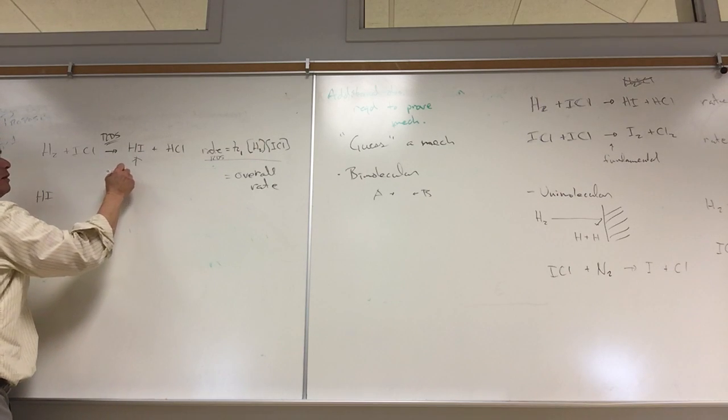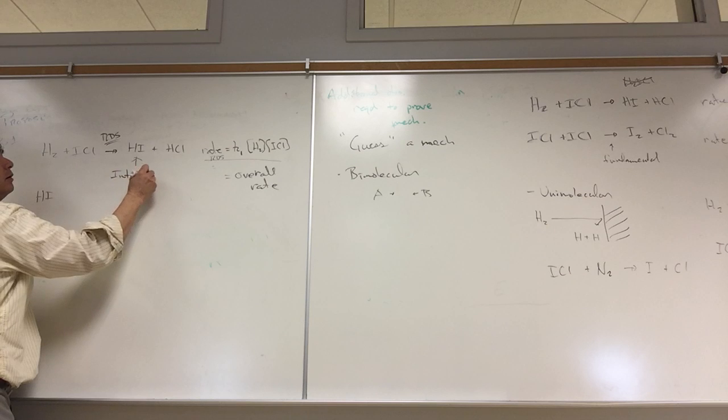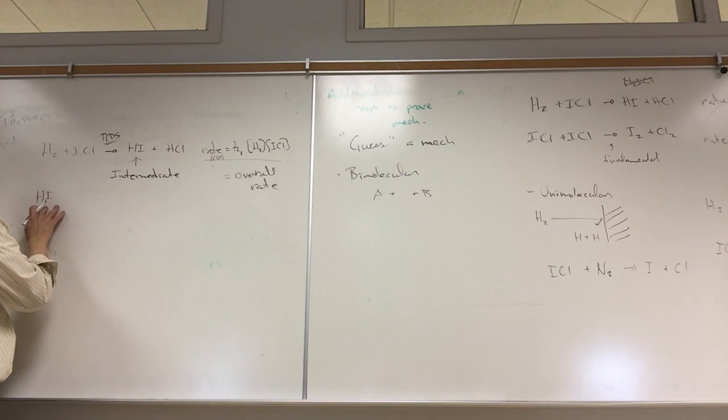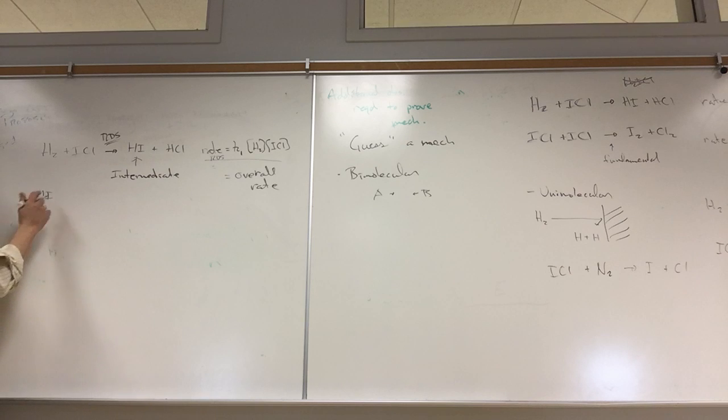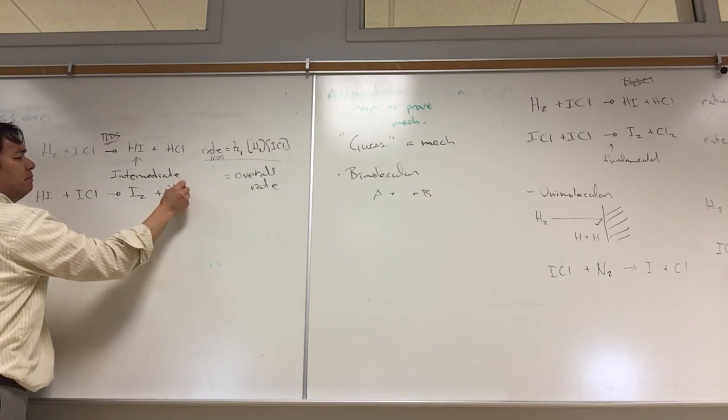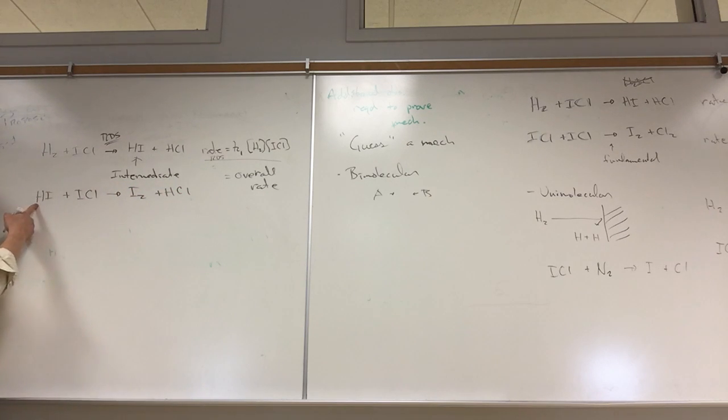We have to get rid of it, and that's okay, because if an HI collides with an ICl, what can form? I2 and HCl.